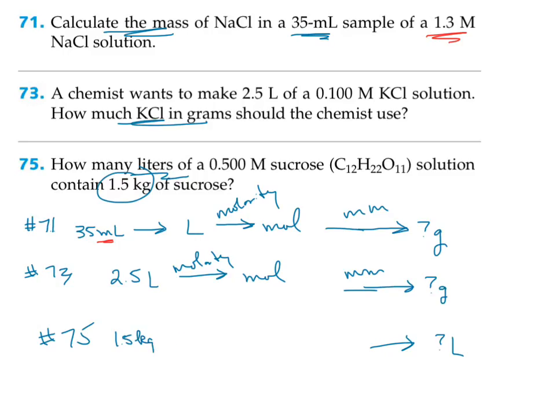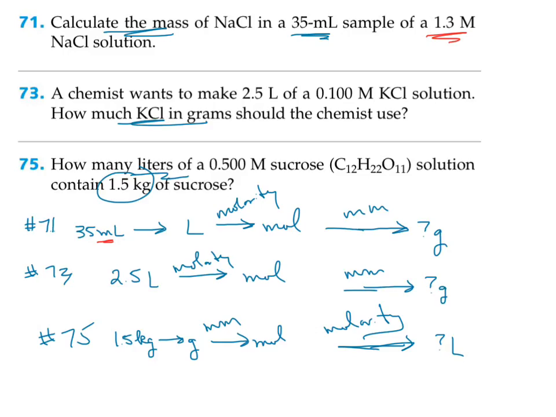So for 75, question mark liters, and they give us the molarity, and we want to ultimately know liters to get 1.5 kilograms of sucrose. So I would start out with my 1.5 kilograms of sucrose. That's your pure solute. Kilograms won't work, so you have to get to grams.